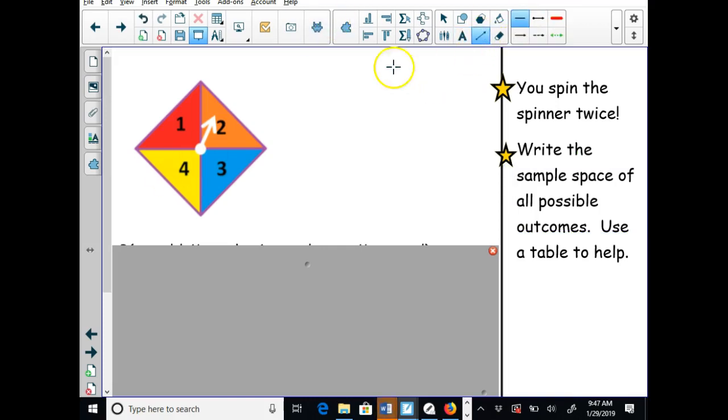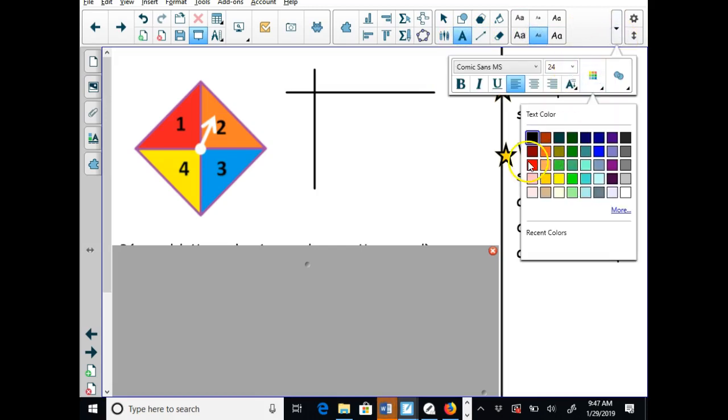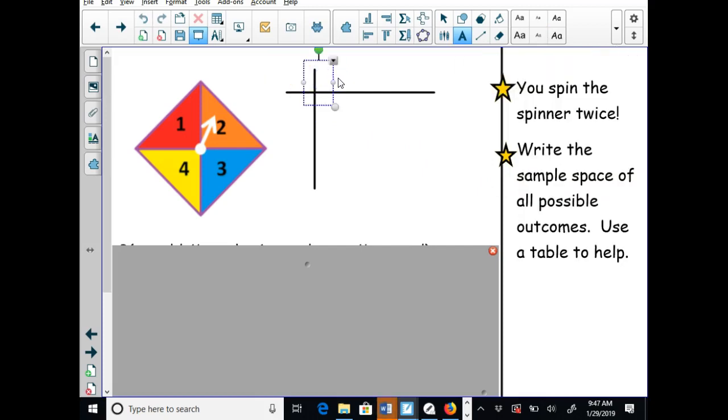But first, we're going to just talk about what could happen. Okay, so you should have written all of this down by now. Now, what do I mean? Write the sample space of all the possible outcomes. I'm spinning the spinner twice. So when I do things that happen twice, I like to make a grid. So we're going to make a grid right now. And now I'm going to use some different colors to help us out. The green is going to represent my first spin.